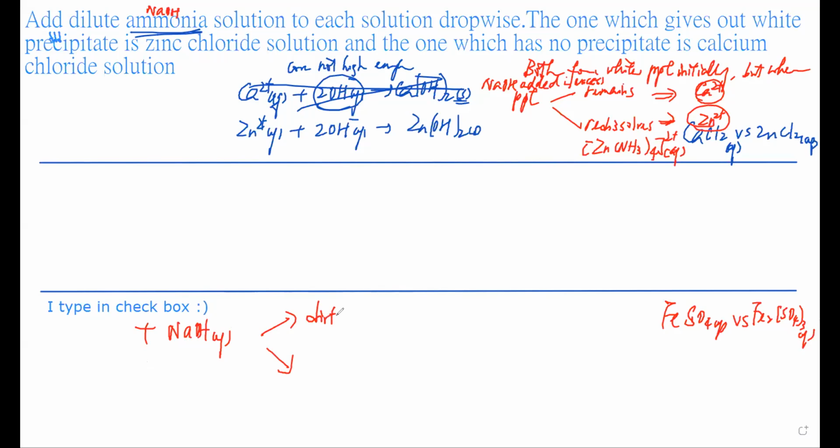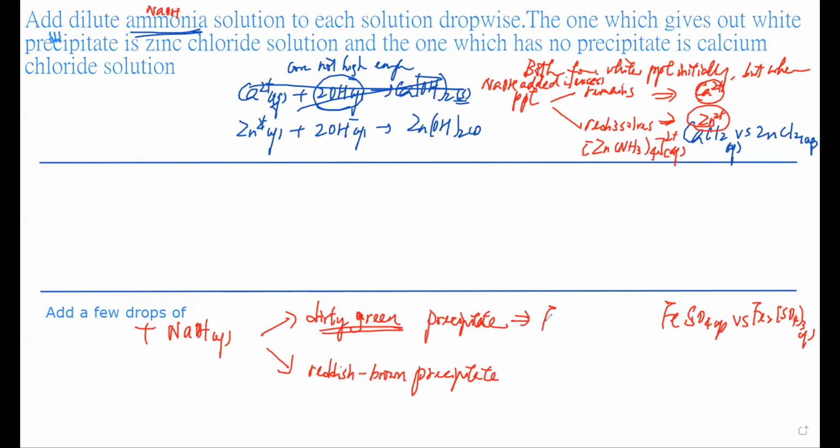The first one, please describe it as dirty green precipitate. The other one is reddish brown precipitate.